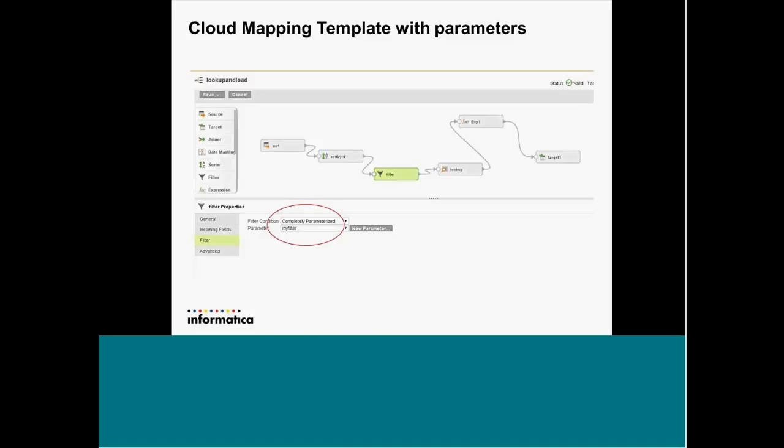So it was fairly complex. And what we did was, within this mapping, expose a parameter which could actually be specified through a REST API from the ICRT process.